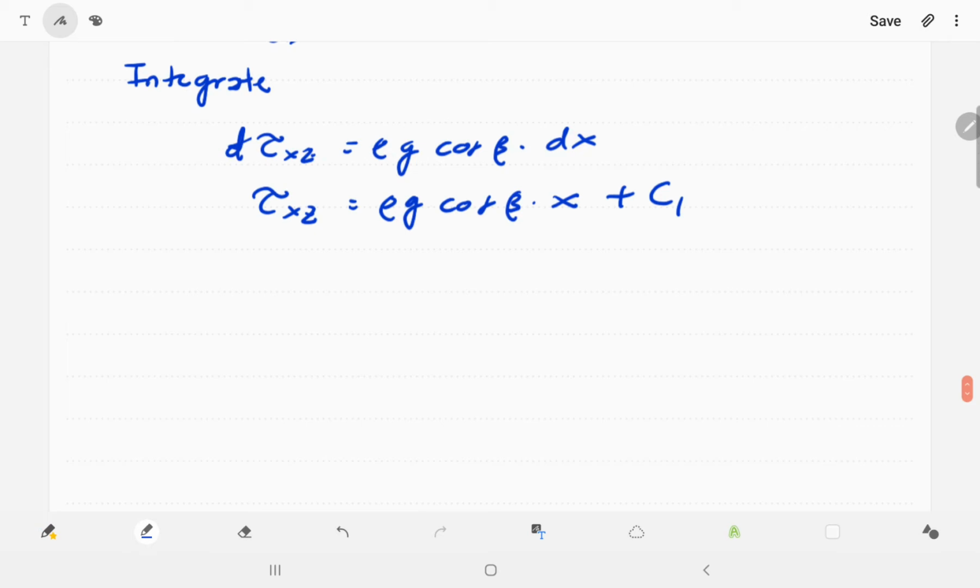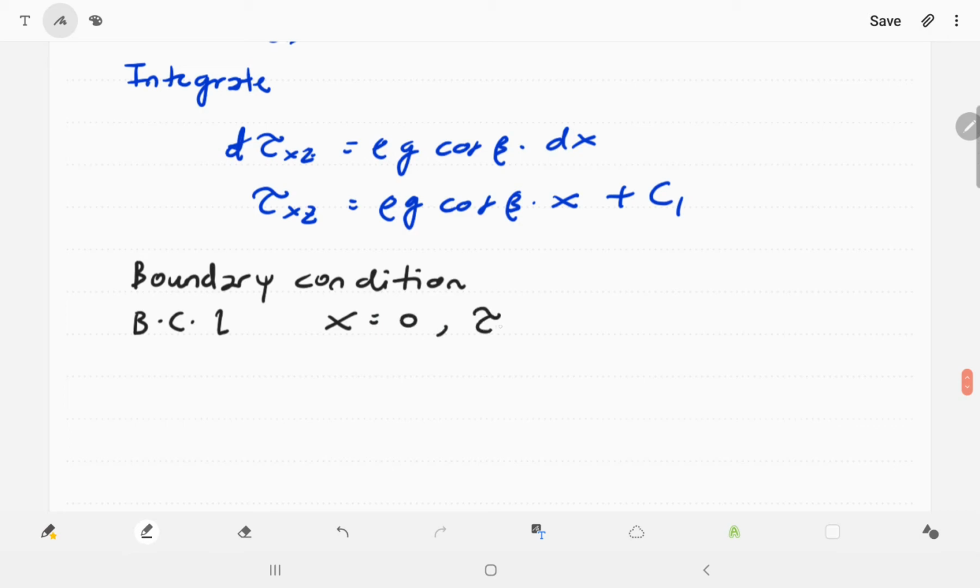Then you need to inspect the boundary conditions in order to connect your mathematical expressions with the real situation that you have in your system. So the boundary condition, the first one is BC1 at x equals 0. Your tau xz is equal 0. So let's go into your system in here, right?